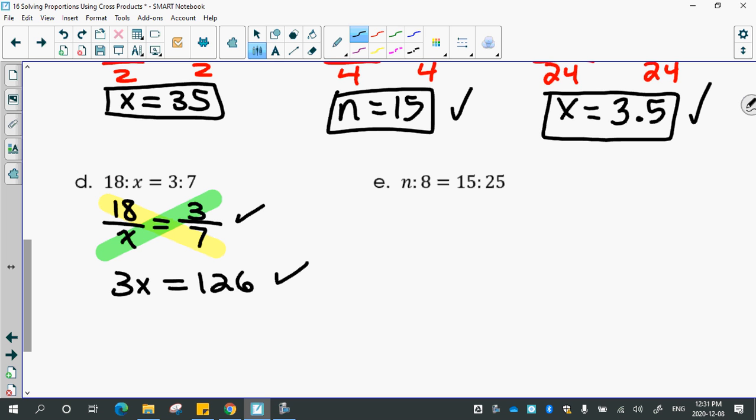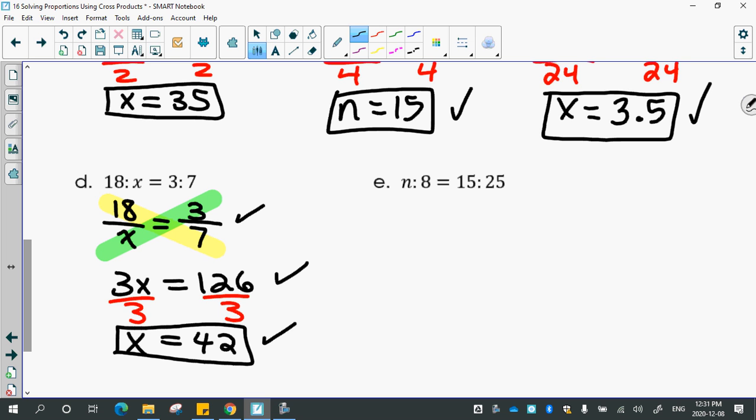Then you created an easy equation to solve, so you're going to divide both sides by 3. And you get x equal to 42. And there's your third mark. Okay? So try the next one. 3 marks. You get all 3 marks back.